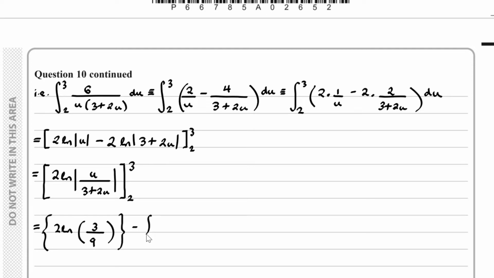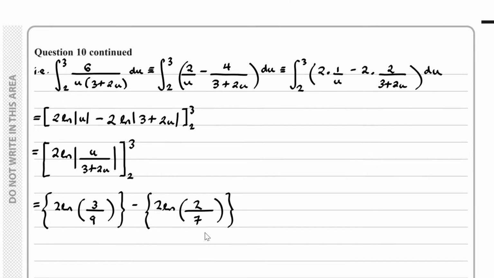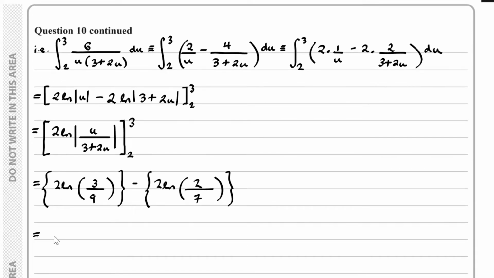And then we subtract off 2 times by the natural log of 2 over 3 plus 2 times by 2, that's 7. So we subtract off 2 times by the natural log of 2/7. So here we can combine these logs together. So we have 2 times by the natural log of, well, 3 over 9, that's 1/3, and 2 over 7, well, we'll leave that as it is.